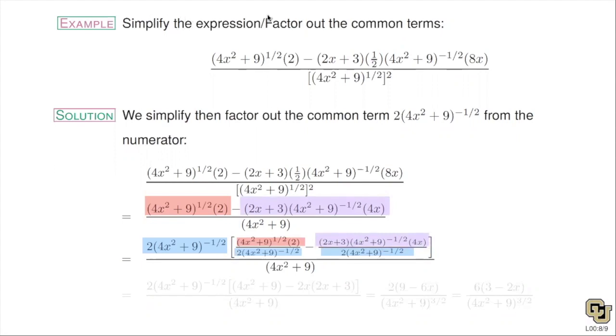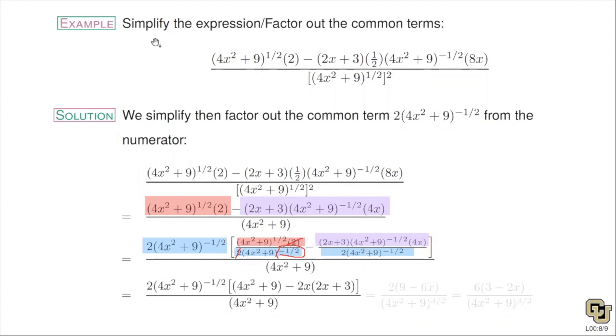And so now, again, we're doing basic algebra. The 2's cancel. There's a 2 here and a 2 here. This minus 1/2 goes up because it's in the denominator with a negative exponent, so it actually should be in the numerator. So in the numerator, I get 4x squared plus 9 to the 1/2 times 4x squared plus 9 to the 1/2. That's going to be 4x squared plus 9.